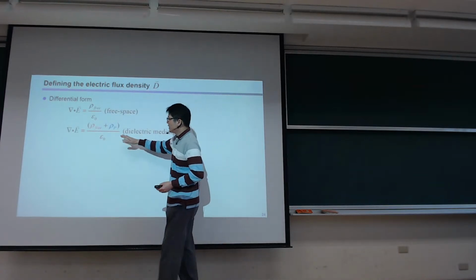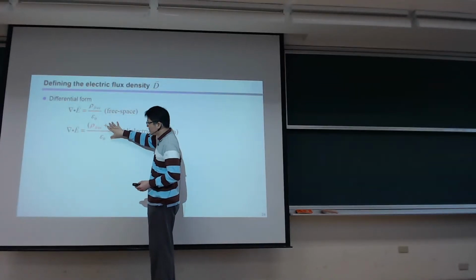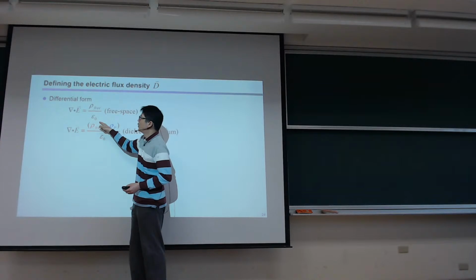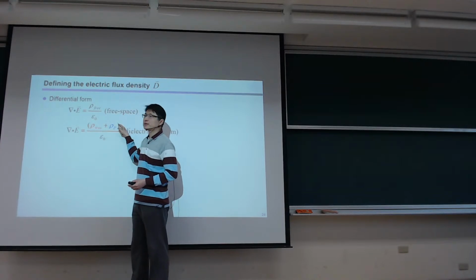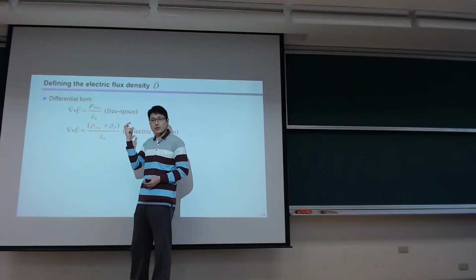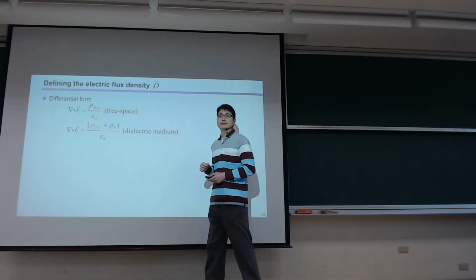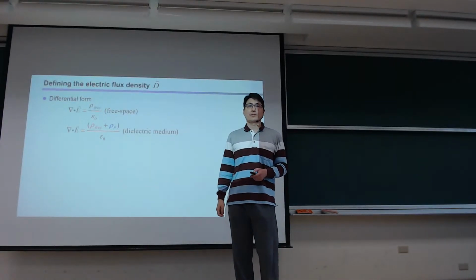So when we're talking about matter, dielectrics, divergence of E is rho total, the total charge densities, divided by epsilon 0.